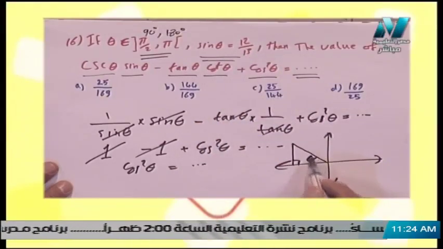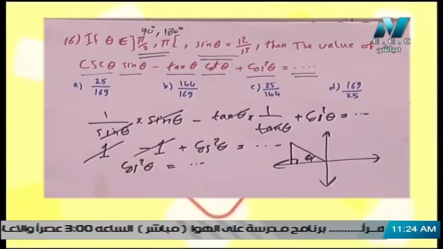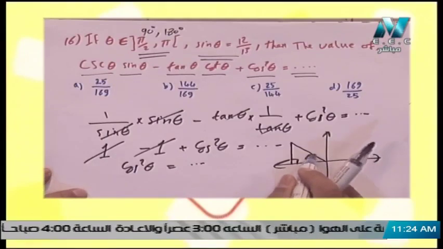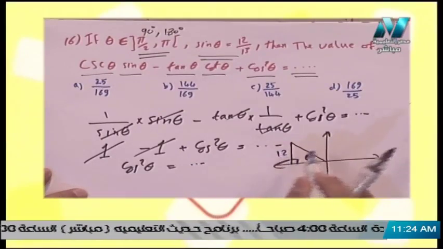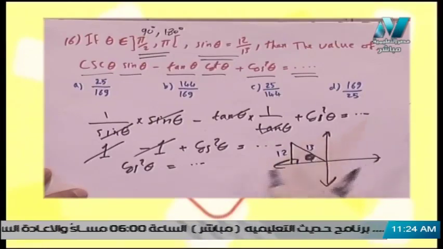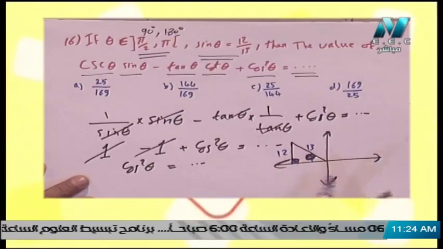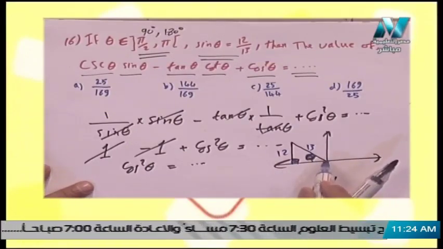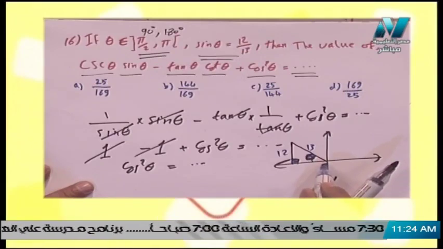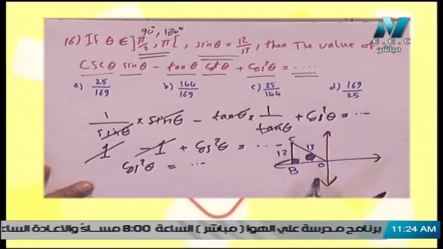This is theta, and sine, of course, will be opposite over hypotenuse, 12 and 13. And by using your calculator, you can find out this part. We can call it OB.